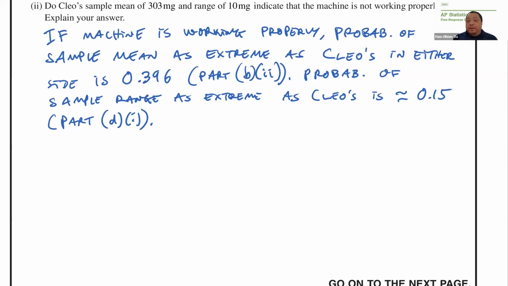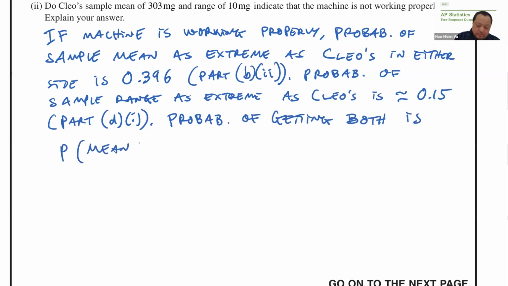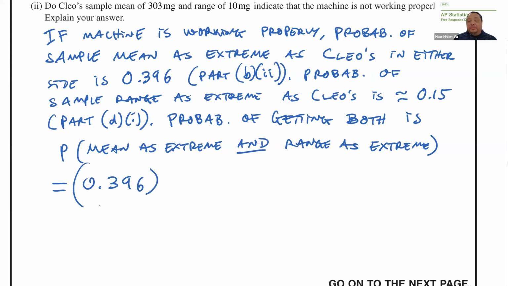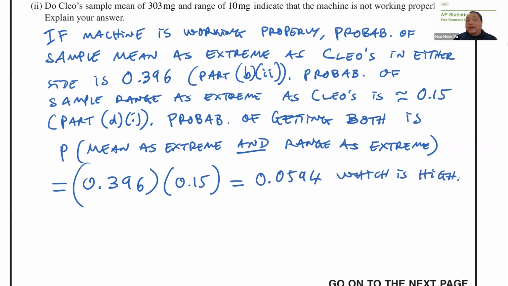So the probability of getting both of these is the product of these two. And when you multiply, you get 0.0594, which is kind of high because we usually go by 0.05.